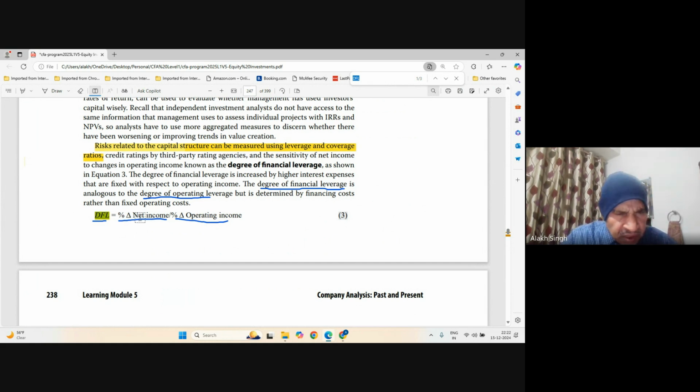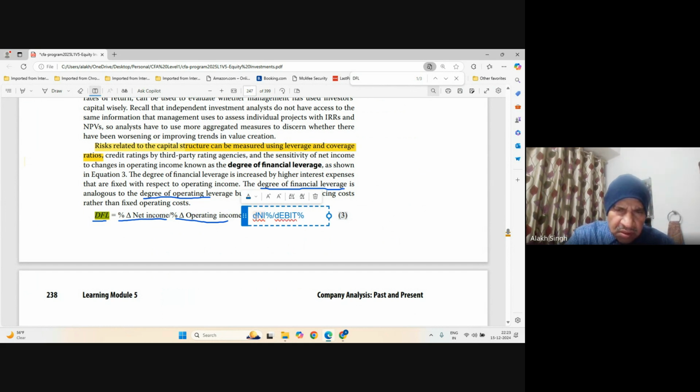So let me write it like this: change in net income percentage divided by change in EBIT percentage.